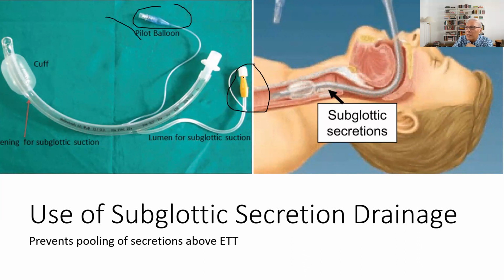But the second one is connected to suction, because if we allow secretions to be stagnant in the subglottic area, this could be a source of pneumonia. And so by having constant and continuous suction of this area, we're going to prevent the development of pneumonia.